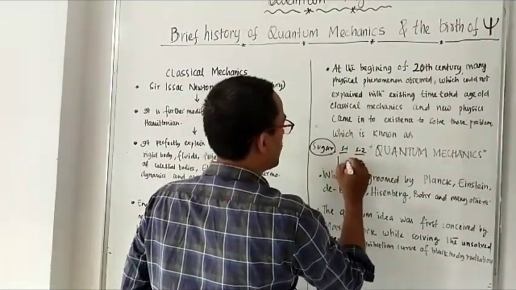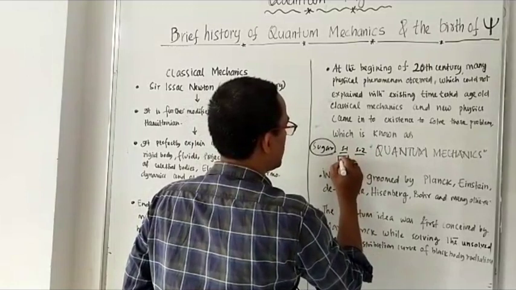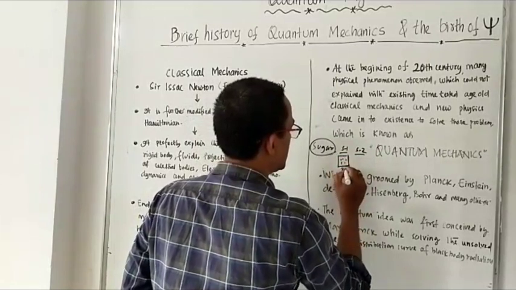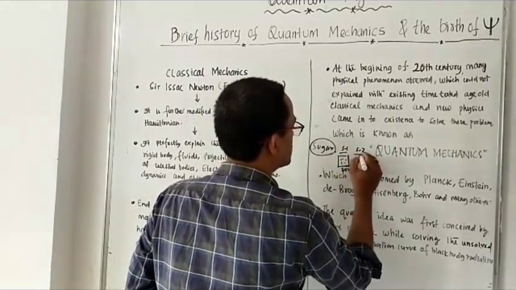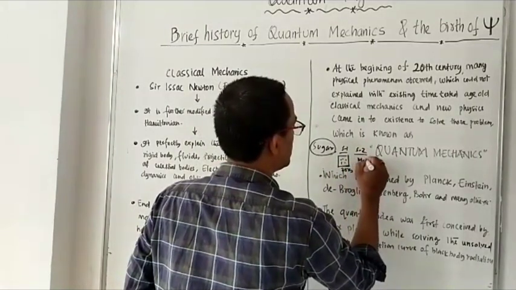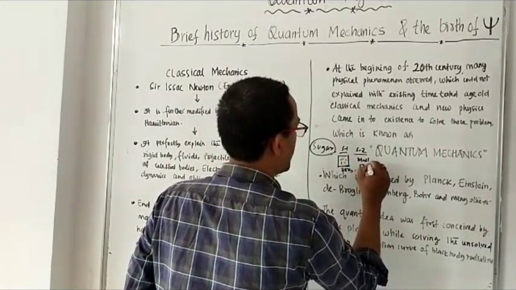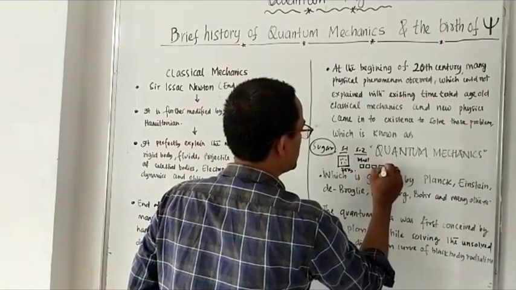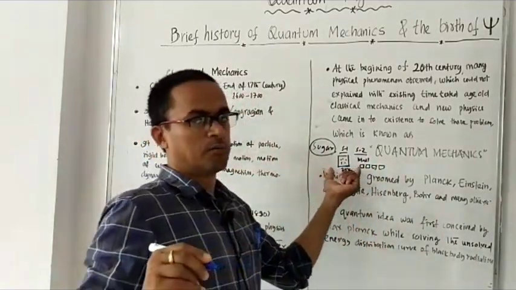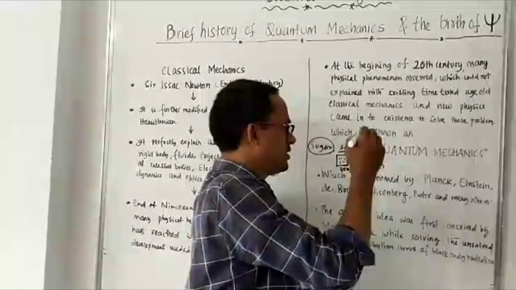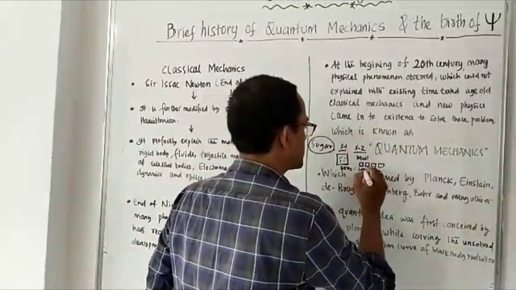Shopkeeper 1 has a big bag of sugar, suppose 25 kg, and shopkeeper 2 is a shopping mall, where you can only find packets. You don't find a big packet like 25 kg, it is only 250 gram packets.